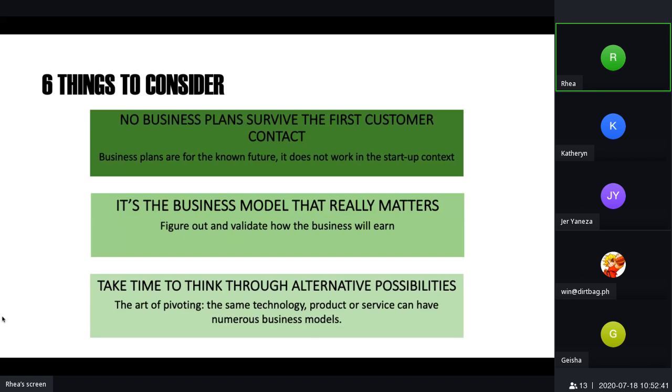Considering that we are in a startup stage, the good thing about pivoting is that it's very easy for us to maneuver to a different direction because our business right now is still small. So pivoting would be very easy on our end.